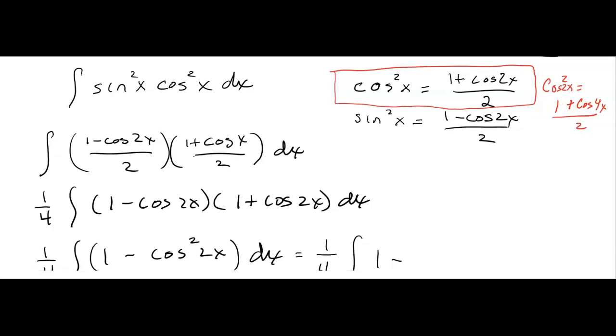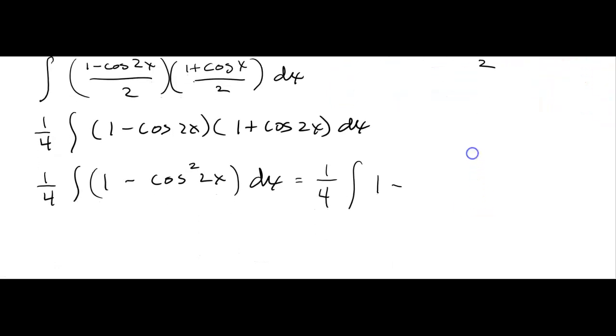So just be careful there, because your x is actually a 2x, so 2x times 2 gets you that 4x. So we have 1 minus 1 plus cosine 4x over 2.